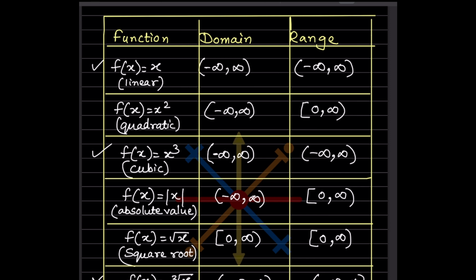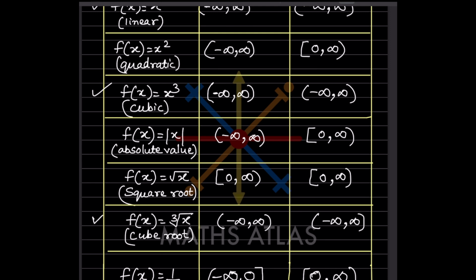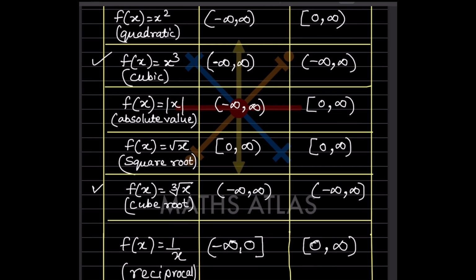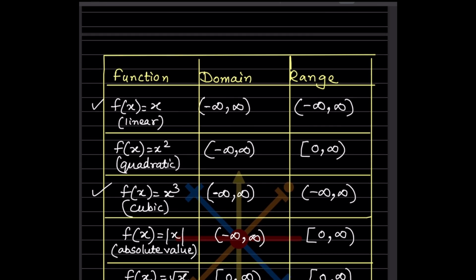This is f(x) is equal to absolute value of x, f(x) is equal to root of x, f(x) is equal to cube root of x, that is the cube root function, f(x) is equal to 1 by x, that is the reciprocal function, and f(x) is equal to log of x to the base b, that is the logarithmic. So you can see for the linear, the domain is minus infinity to infinity. Again for the range, minus infinity to infinity. You can have a look at it.